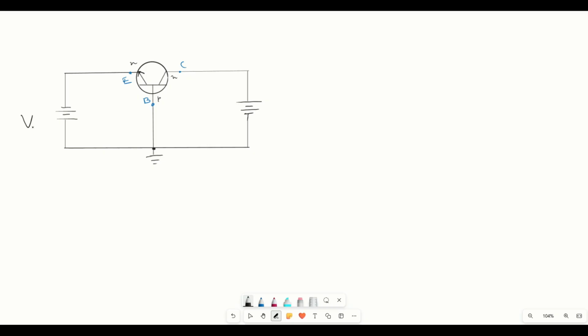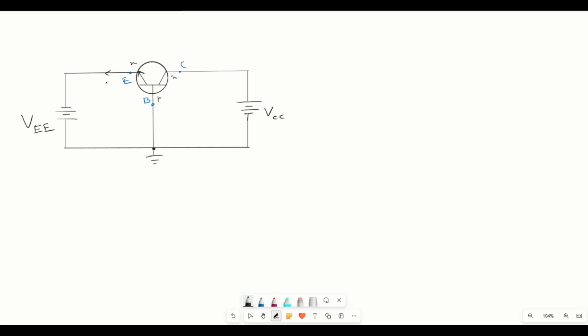So the input terminal, we'll name it as VEE because it is connected to the emitter. Then the output terminal, we call it as VCC since it is connected to the collector. Now, the response in the circuit would be determined by the voltage and the current that is present in the transistor.